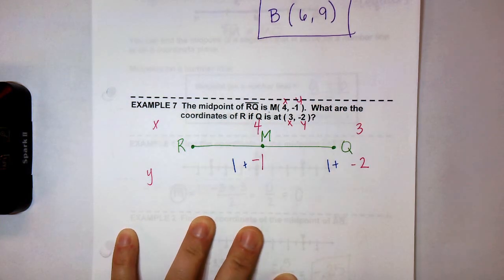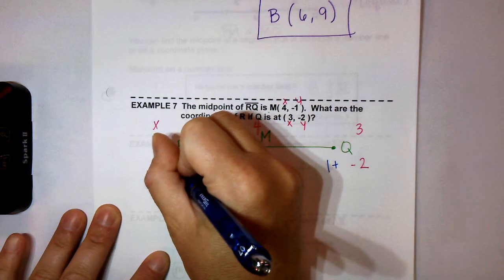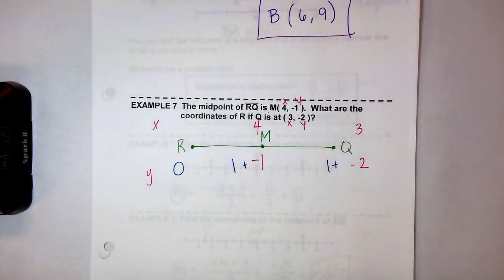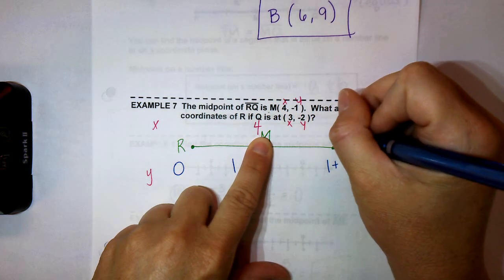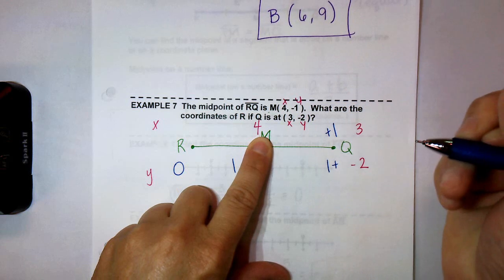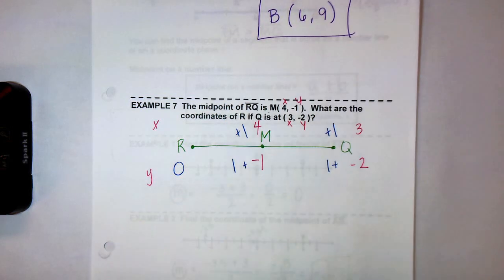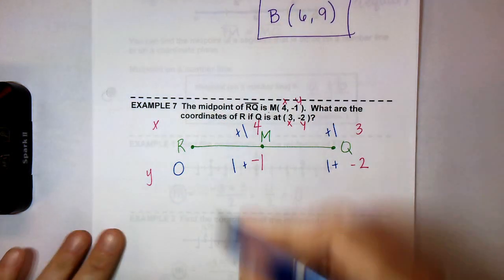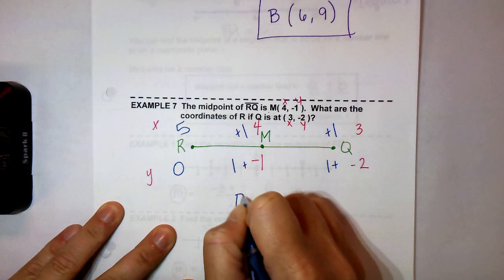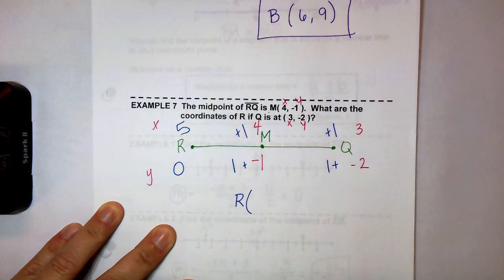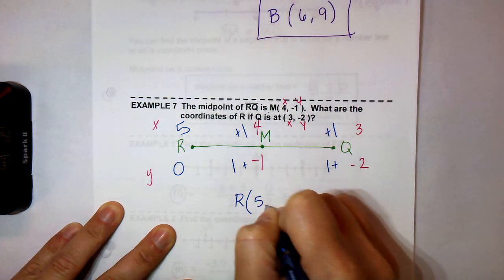So what is negative 1 plus 1? Good. And then the same thing on the top. 3 to 4. It is 5. The answer is 5. Now, make it pretty, because it has to look like a point. So R is 5, 0.